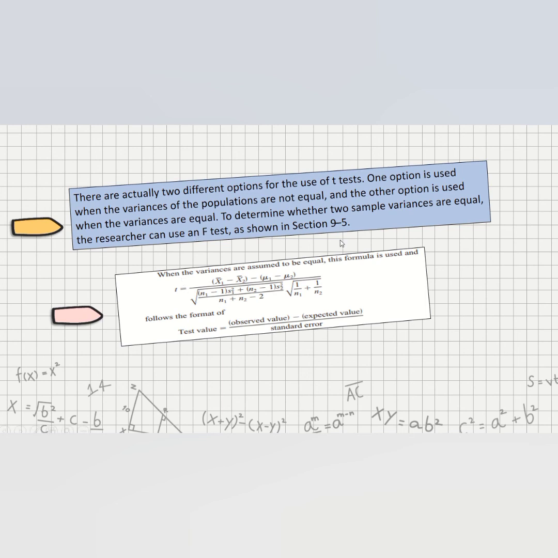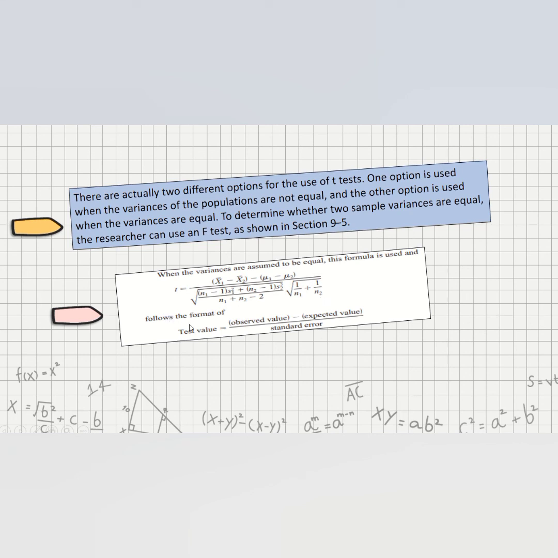When the variances are assumed to be equal, this formula is used: t is equal to (sample mean 1 minus sample mean 2) minus (population mean 1 minus population mean 2), all over the square root of [(sample size 1 minus 1) times variance of sample 1 plus (sample size 2 minus 1) times variance of sample 2] over (sample size 1 plus sample size 2 minus 2), times the square root of 1 over sample size 1 plus 1 over sample size 2.